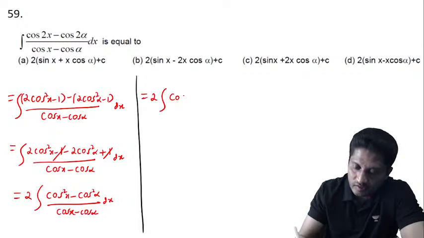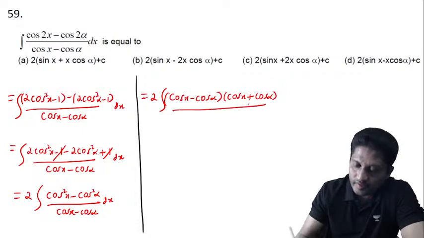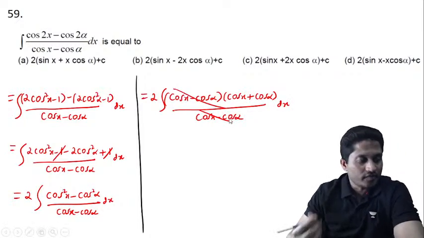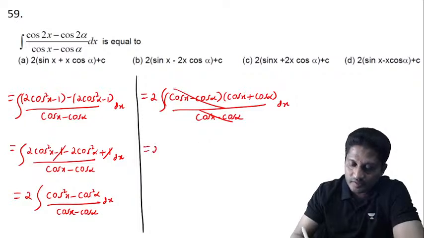I can write this as cos x minus cos alpha, and then cos x plus cos alpha, whole divided by cos x minus cos alpha dx. This fellow will cancel. Now if I separate them, this is equal to 2 times.